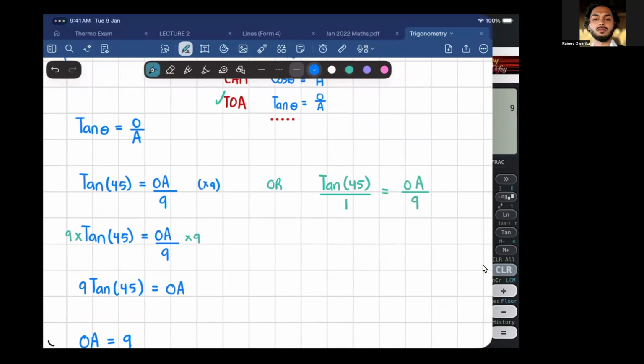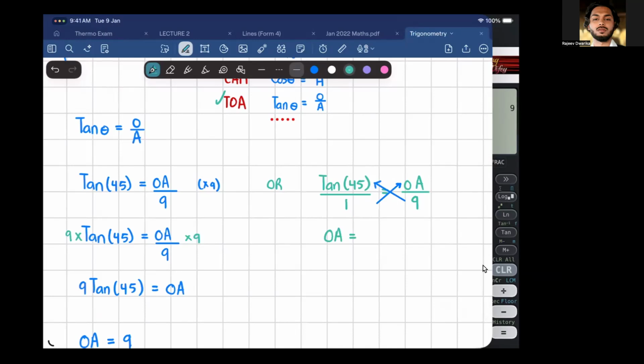Anytime you have two fractions on either side, you can do something called cross multiplication. So I'm going to multiply the 1 by the OA. So precisely, if I multiply 1 by OA, what would I get? OA, right?